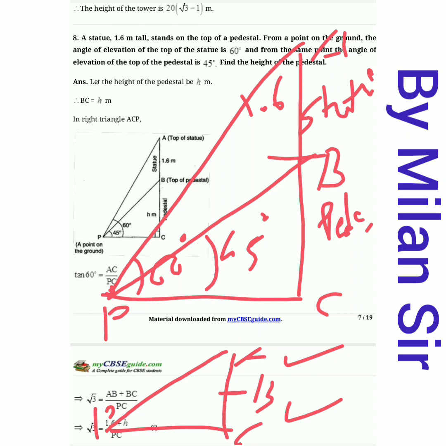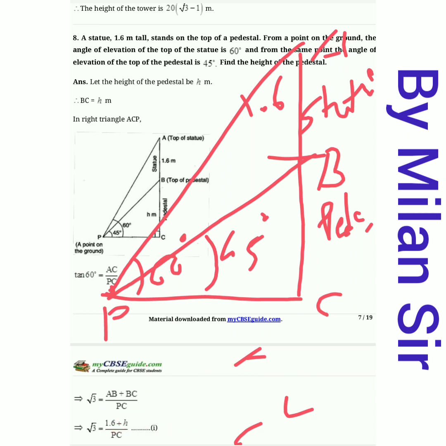So the value of BC is given and we find the value of AB. Now this is a similar type question, but here the value of AB is given and we need to find BC. Very little difference in question number 7 and 8, right? In question number 7, BC is given and we find AB. Here AB is given and we need to find BC, right?